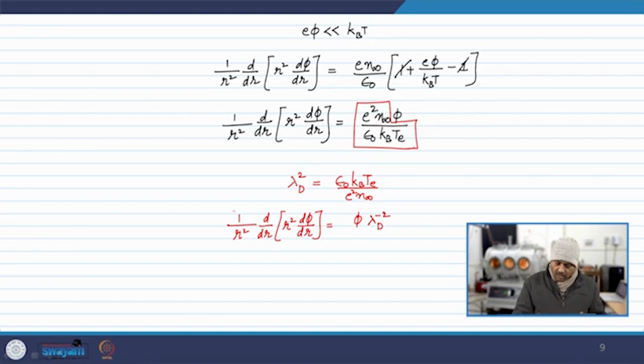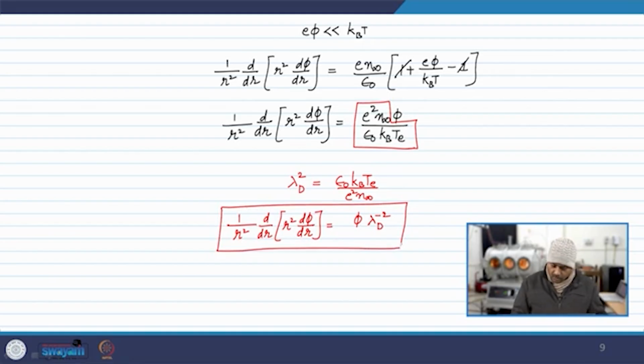So, this is a differential equation, of course. What is the solution of this differential equation? We have still not obtained the form of the Debye potential.